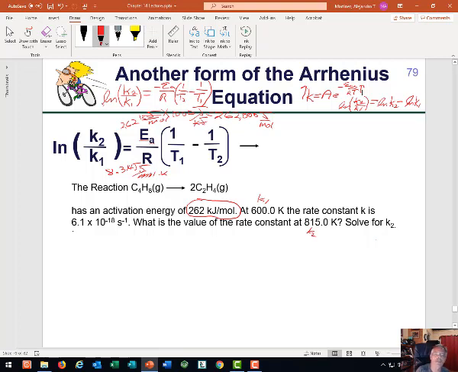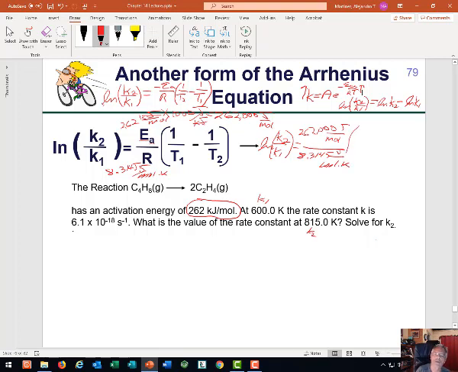That gives us the natural log of K2 over K1, and that ratio is equal to 262,000 joules per mole, divided by 8.3145 joules per mole Kelvin. Most people just round that to 8.315, but we'll be a little bit more precise.